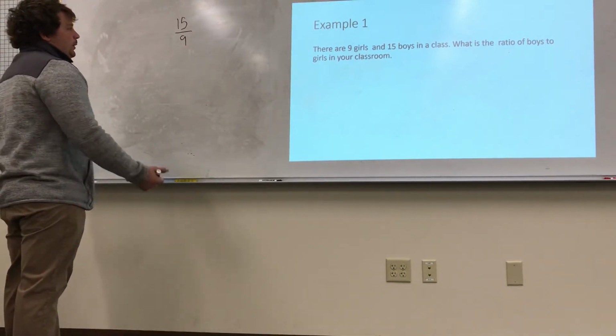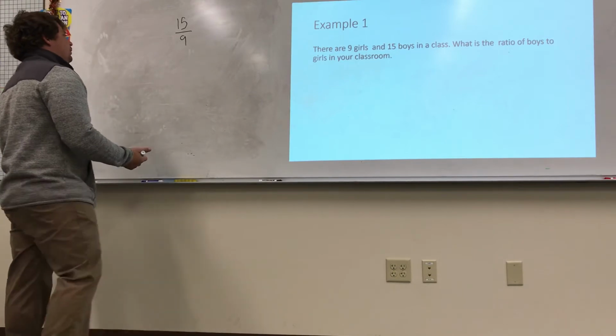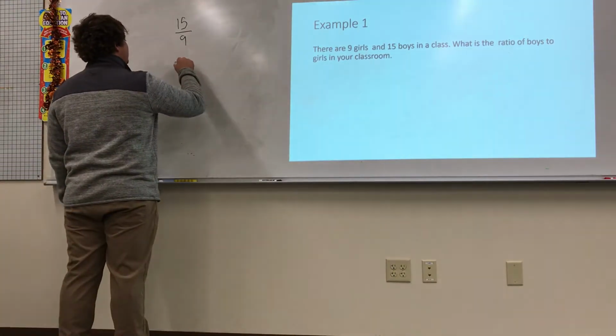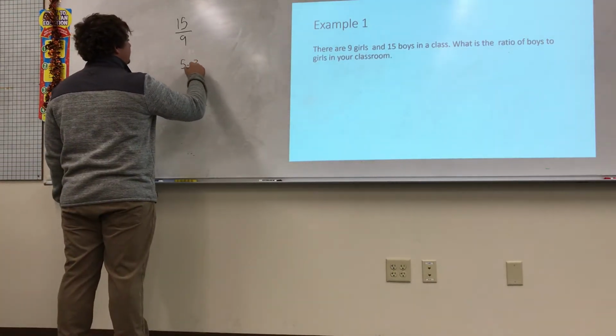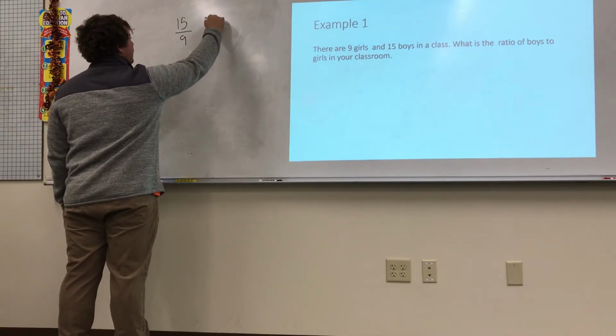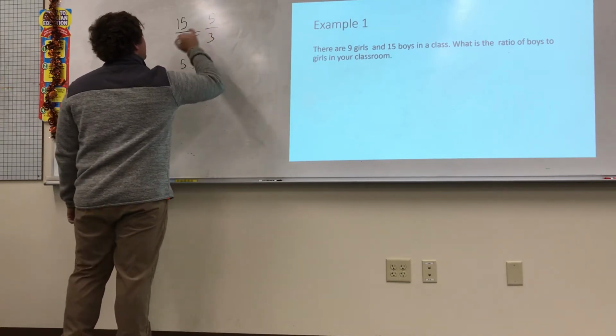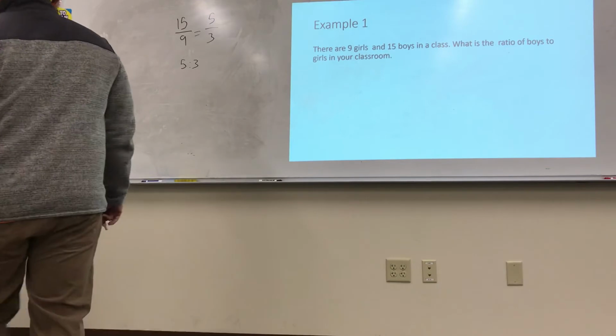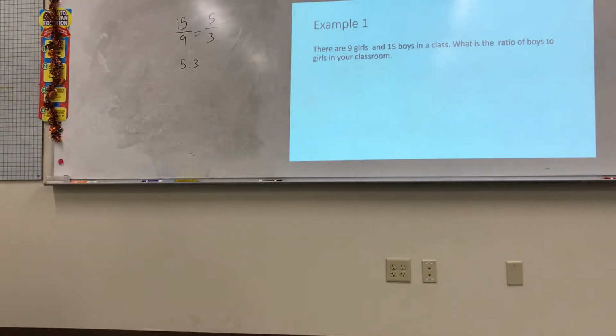Okay? Now can you reduce that? Well, I can take 3 out of each, so it's 5 to 3. Or you could write it 5 over 3, whatever. Either one works. That's also writing it in 2 different ways. So, the ratio of boys to girls would be 5 to 3.